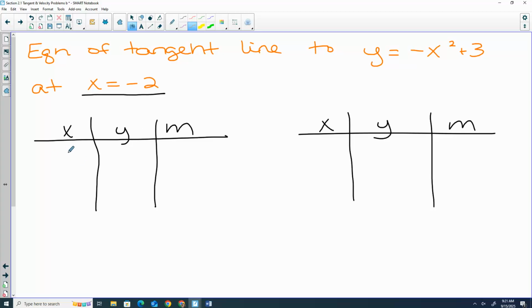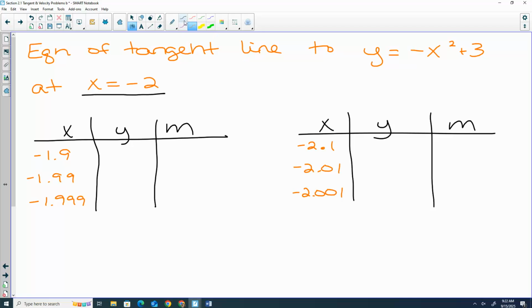So what number could I start with? And from the other side, so just a little bit smaller than negative 2, so maybe negative 2.1, negative 2.01, negative 2.001.